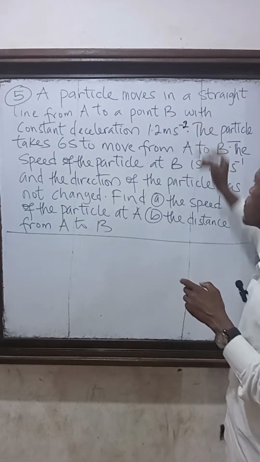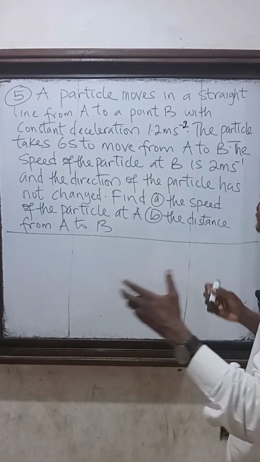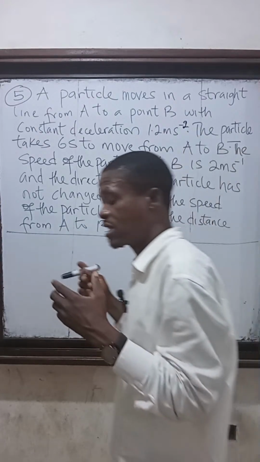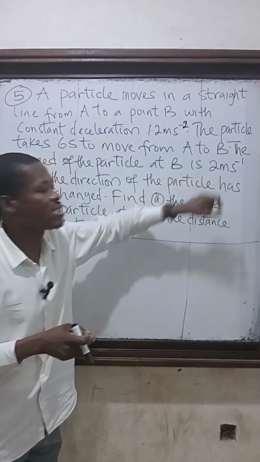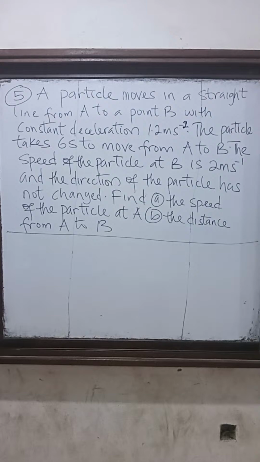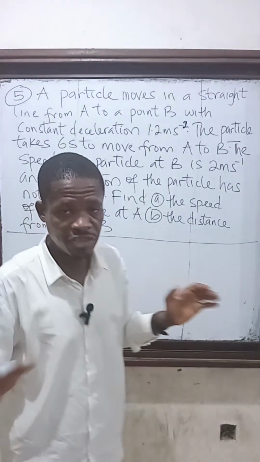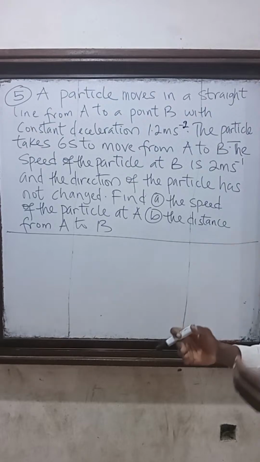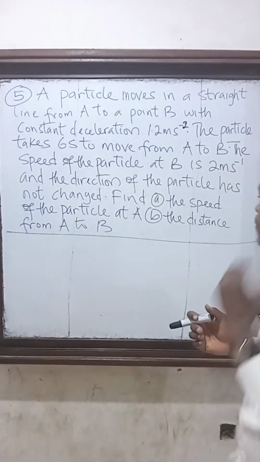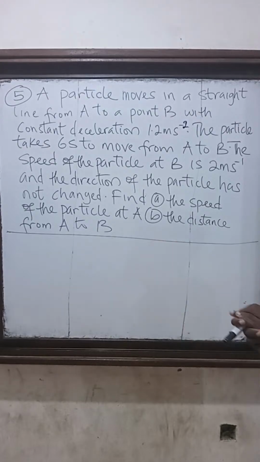The particle takes 6 seconds to move from A to B. The speed of the particle at B is 2 meters per second, and the direction of the particle has not changed. Find A, the speed of the particle at A, and B, the distance from A to B.